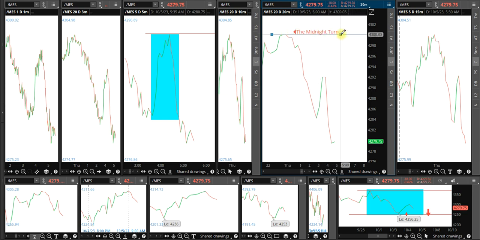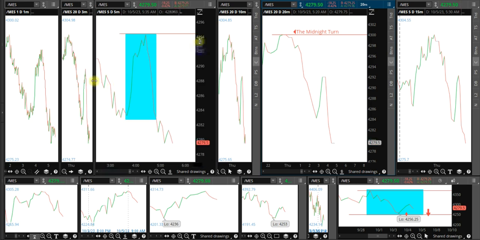So you would go on a trade going down at 42.94. It's midnight. And now you're down to 42.79. That's one method.